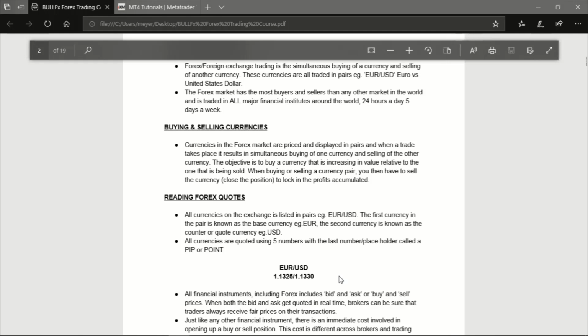If the market was to move up by 1 pip or point, you would then make $10. If it moved up by 2 pips or 2 points, you would then be making $20. 3 points, $30, 4 points, $40, and so on.